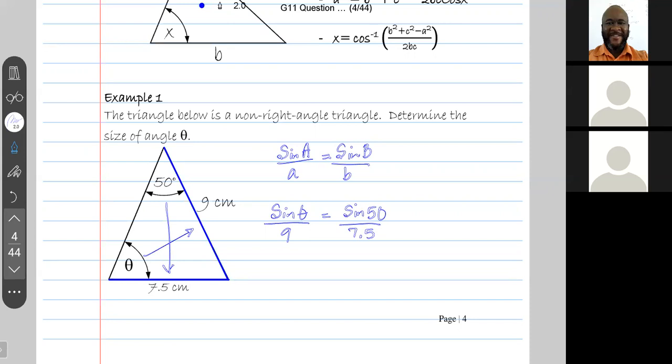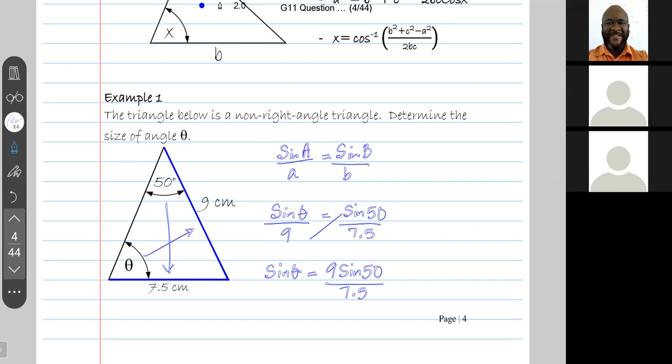The next thing I'm going to do, remember, I want to find the angle theta. The next thing I'm going to do is sort of like a half cross multiply. I'm going to bring the 9 up here. So I'm going to have sine theta is equal to 9 sine 50 over 7.5.